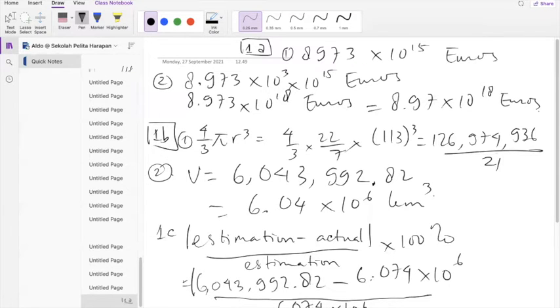Now the absolute value means that even if this one is negative, 6,043,000 is less than 6,074,000, so the result of the subtraction must be negative. But there's the absolute value, so it doesn't matter. So we have the answer 0.494%.